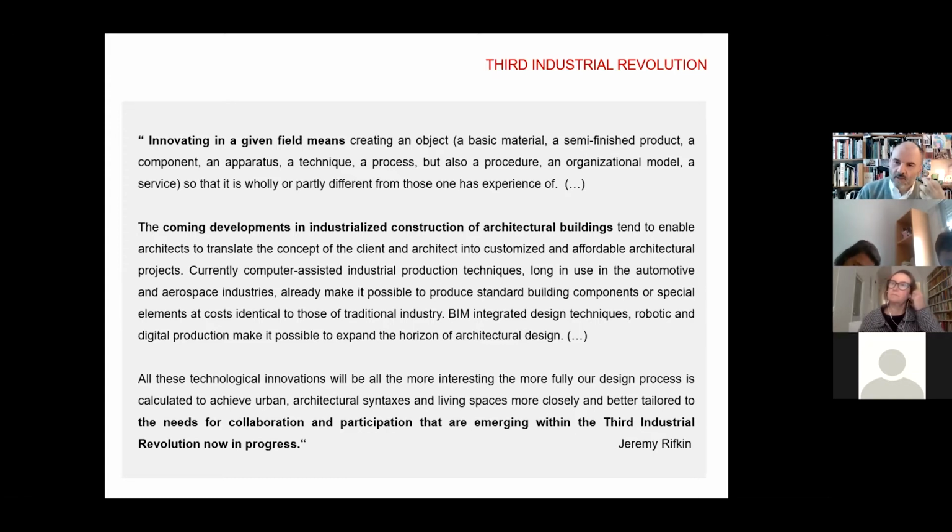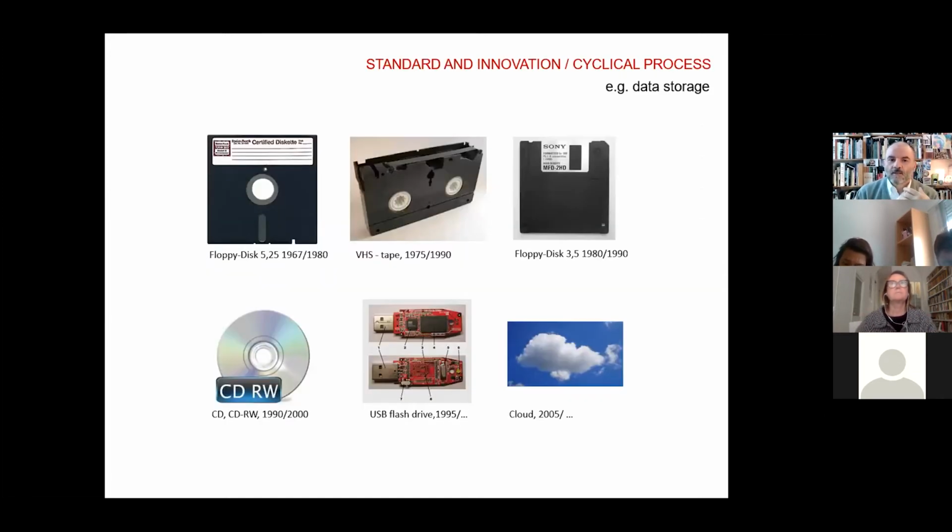And the question is how to turn architecture more open than before. So it's not exactly different. It's just more open, more flexible, more at disposal to accept, for example, new programs. What does it mean to reuse an existing building? Just to give you an idea of what we could do and should do, and I hope we will do, at least in part.